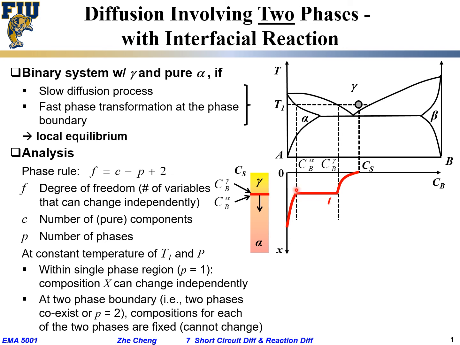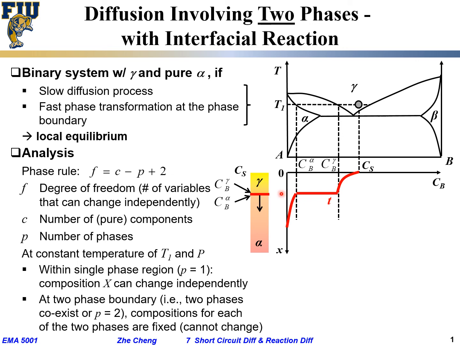You rotate your head. This guy corresponds, you look at here, it's our CB alpha, right? What is CB alpha? It's determined from here. I draw it all the way down to here. Make sense? And then you go across this interface suddenly within a very short distance.